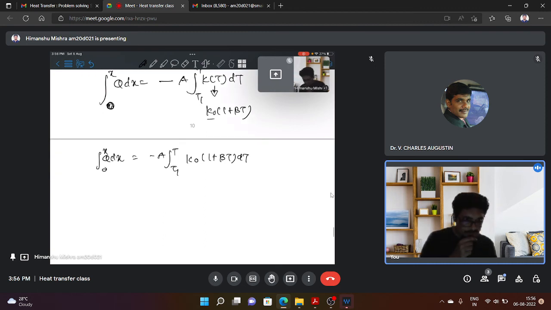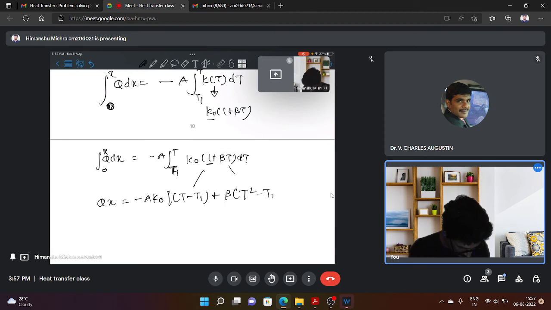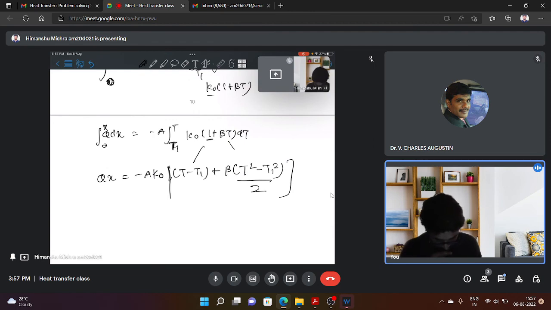So after integrating this expression, we will get qx equals, so here T minus T1, here T square minus T1 square by 2. So this will be my expression after integration.